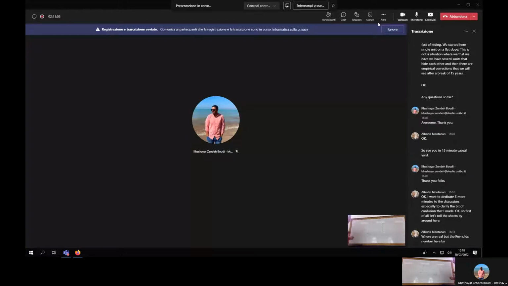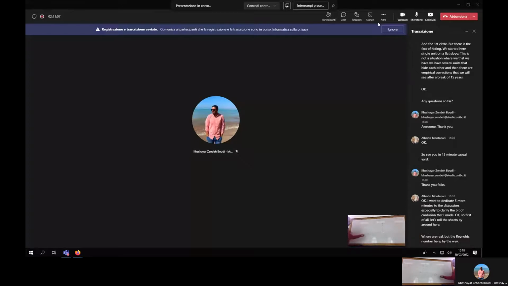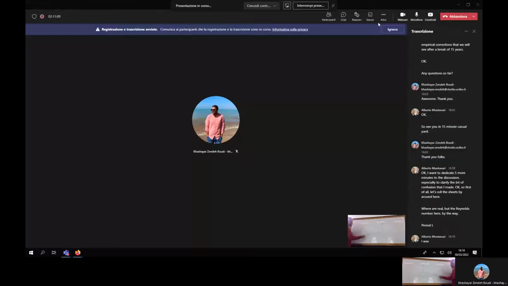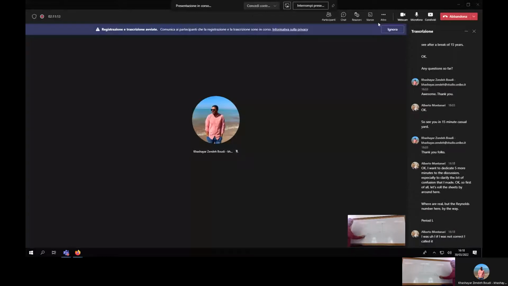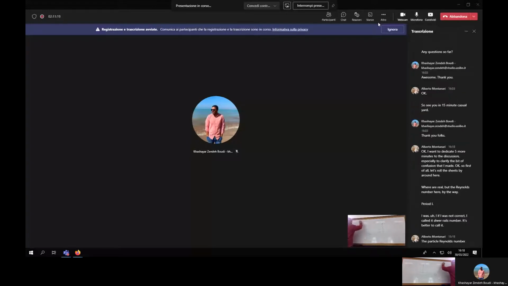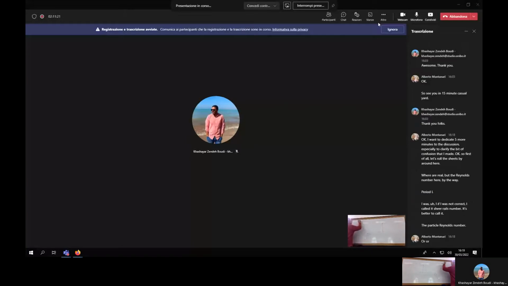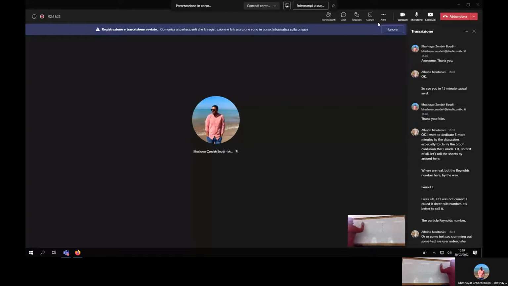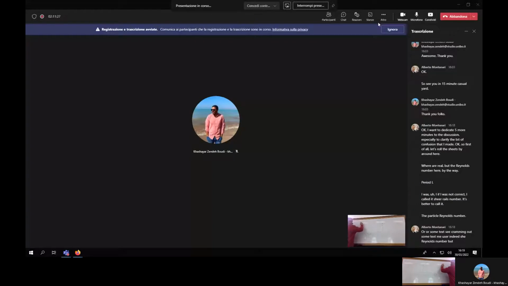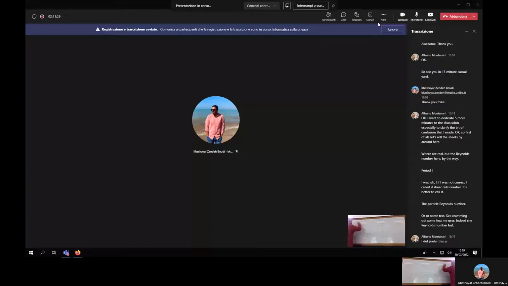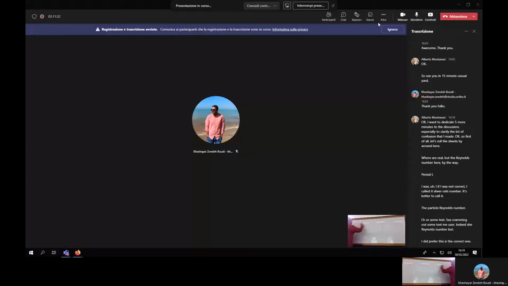By the way, I was not correct. I called it shear Reynolds number. It's better to call it the particle Reynolds number. Some texts say granular, some texts may indeed use shear Reynolds number, but I prefer this one, the particle Reynolds number.